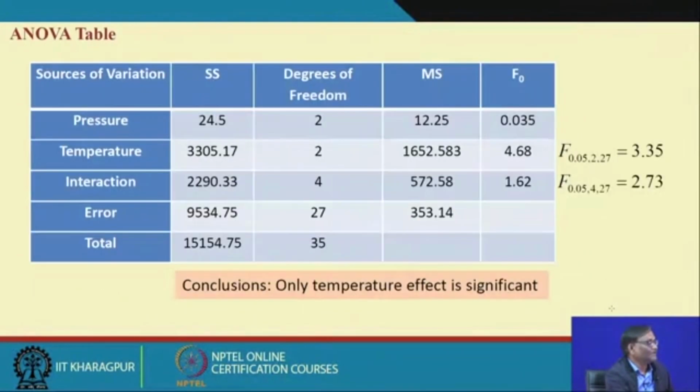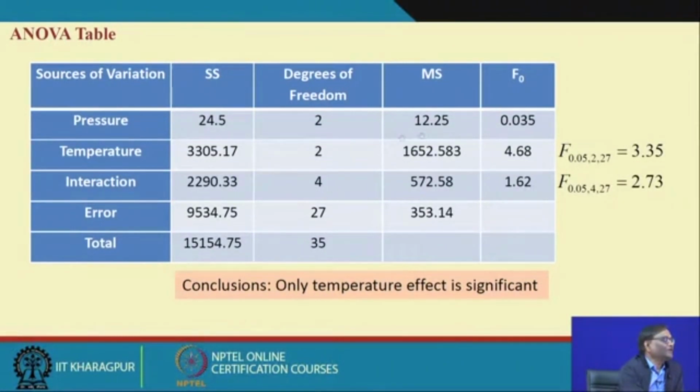All those values, when I put them here with the appropriate degrees of freedom, we got MS for pressure as 12.25, and temperature, interaction and error as shown. The F0 value for pressure is very low, for temperature it is 4.68, and for interaction it is 1.62.